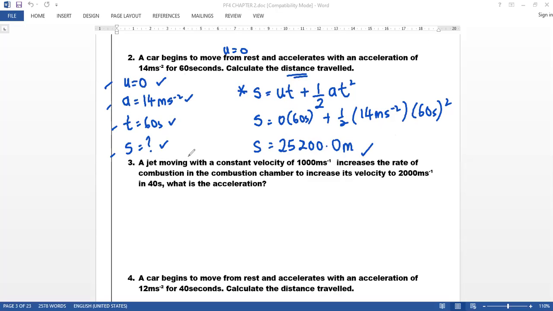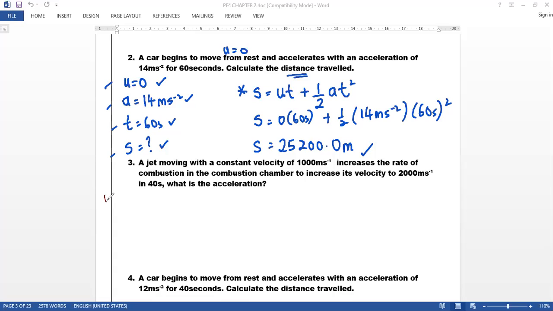A jet moving with a constant velocity of 1,000 meter per second, right? 1,000 meter per second increases the rate of combustion in the combustion chamber to increase its velocity to 2,000 meter per second in 40 seconds. What is the acceleration?